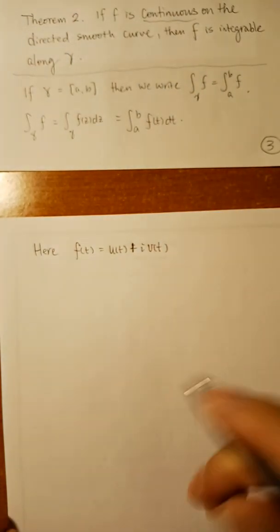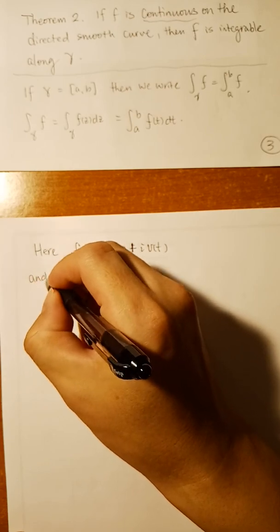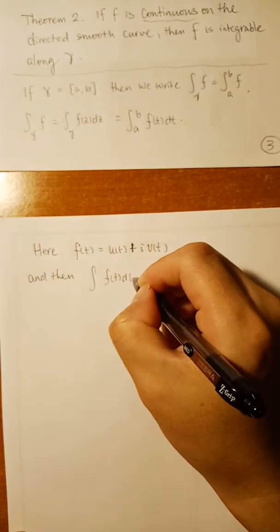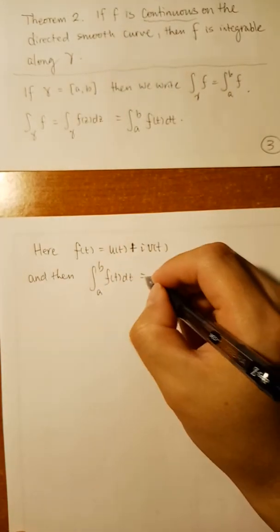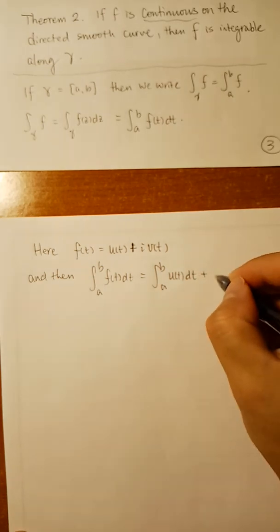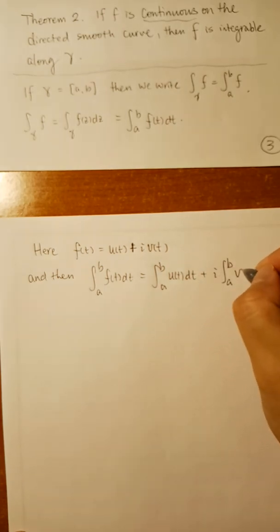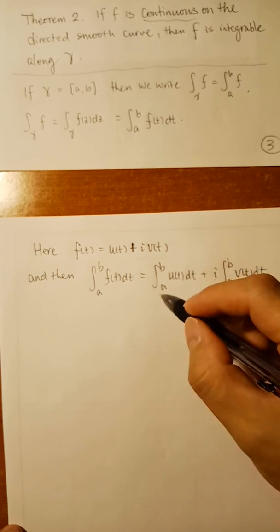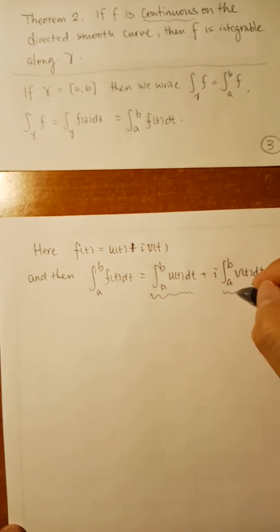The real part, the imaginary part, and then the integral of f(t) dt from a to b becomes the integral from a to b of u(t) dt plus i times the integral from a to b of v(t) dt. Okay, so just two parts. We already applied that linear structure and the scalar multiplication. Each part, this is a real calculus.